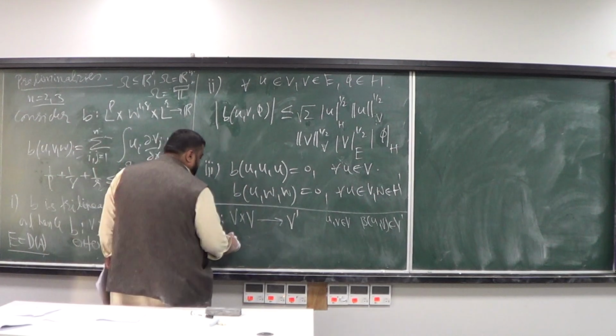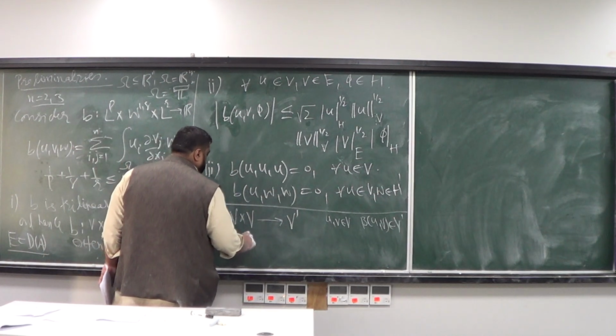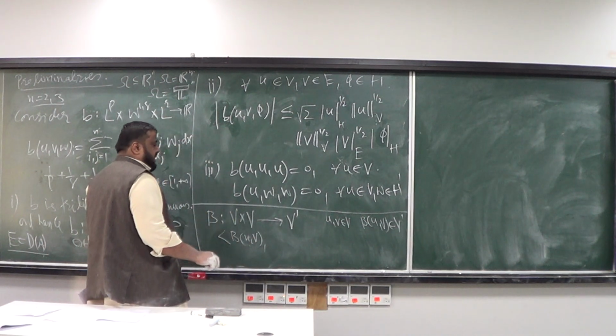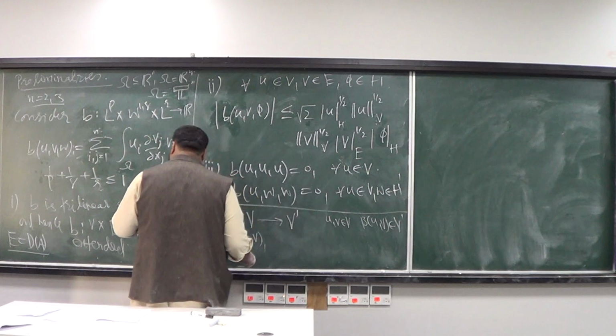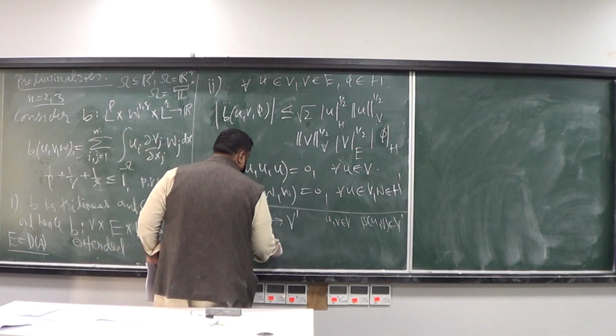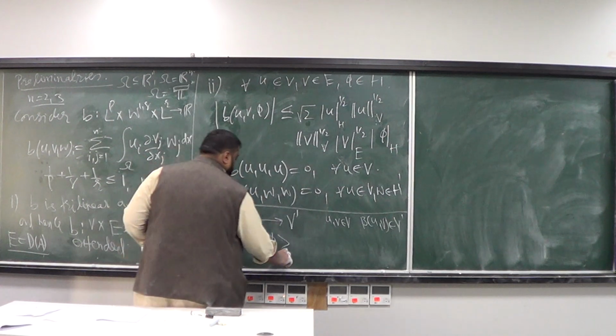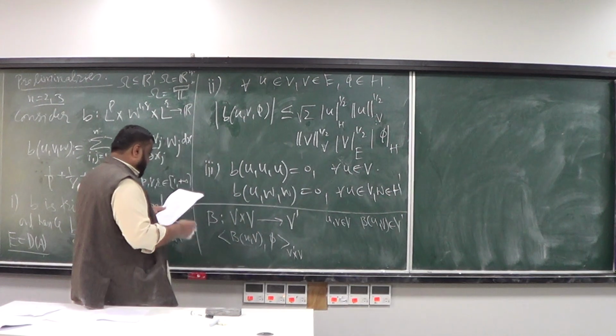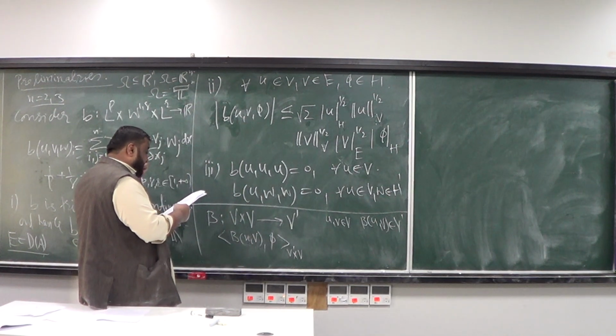So I'm writing a duality, the duality product of B(U,V) with phi, in V prime cross V. Okay.